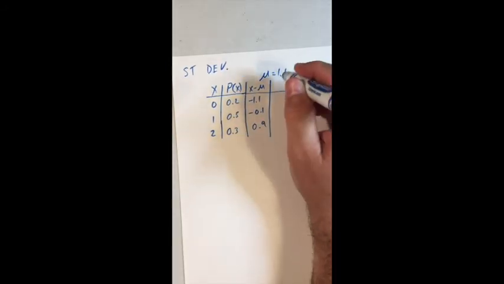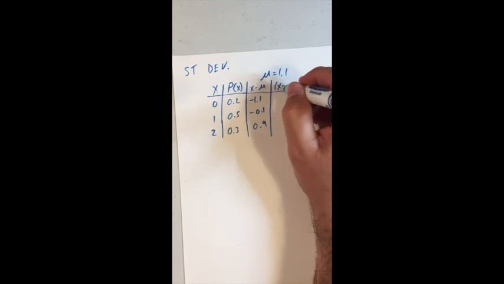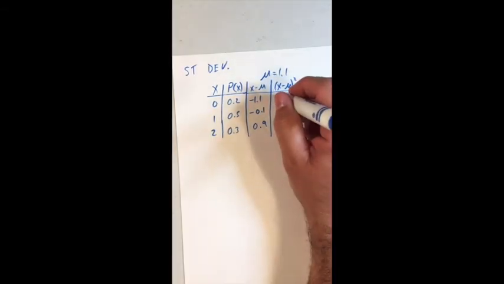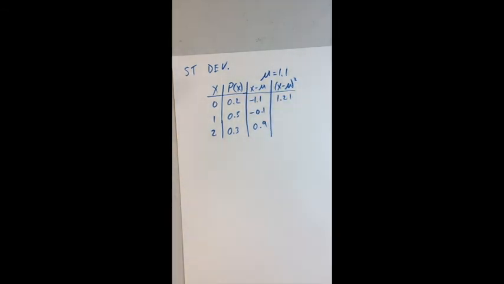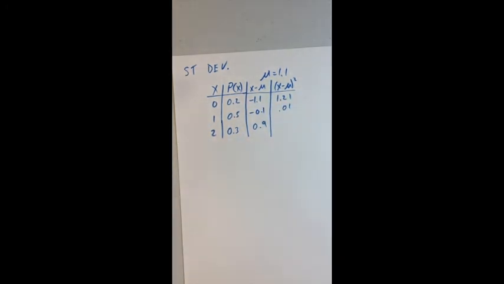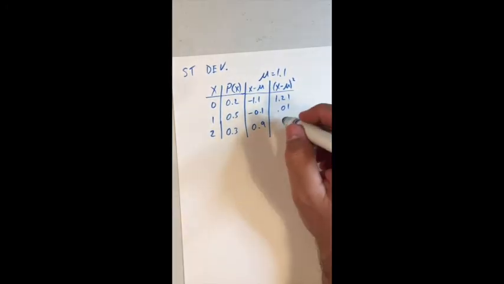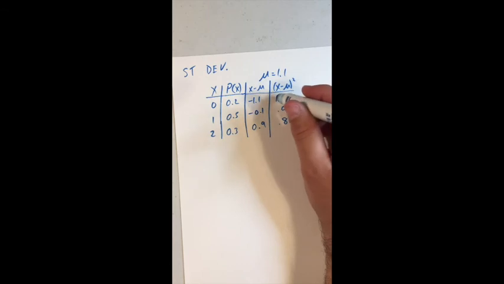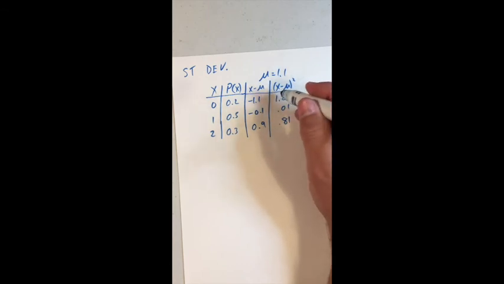Then the next thing we're going to do is take each of those things that we just found and square them. Negative 1.1 squared is positive 1.21. Negative 0.1 squared is 0.01. Don't know why I used my calculator for that. 0.9 squared is going to be 0.81. So now we take each of these and we add them up.